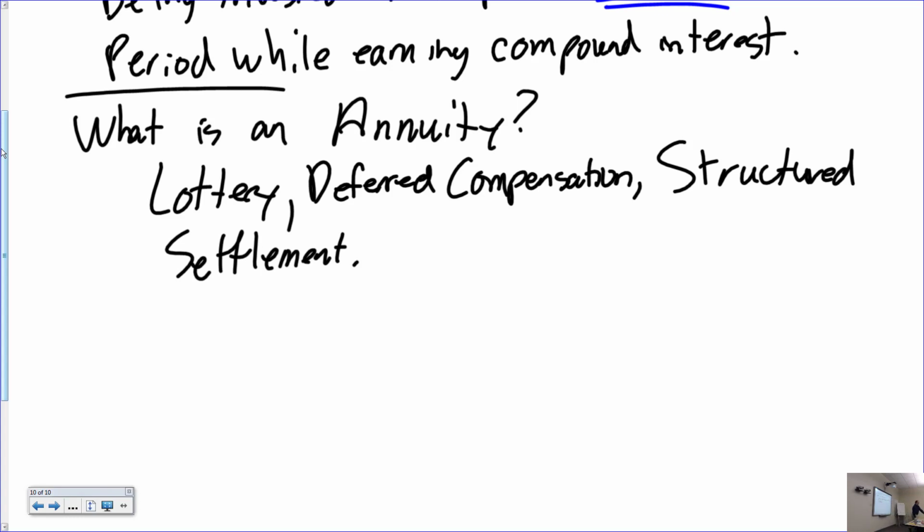So while you are getting paid inside of these structured settlements or lotteries, please note, folks, that part of what's being paid to you is the interest that the money that was initially invested is earning while it sits there. Is that how some of the Native American tribes do?